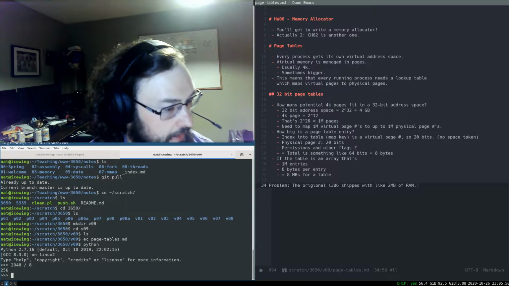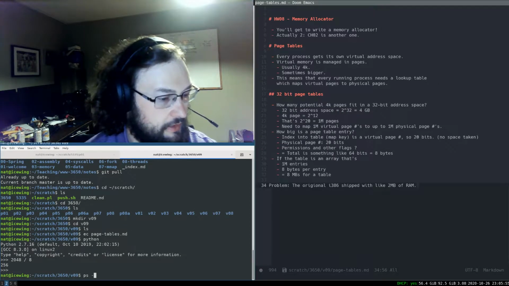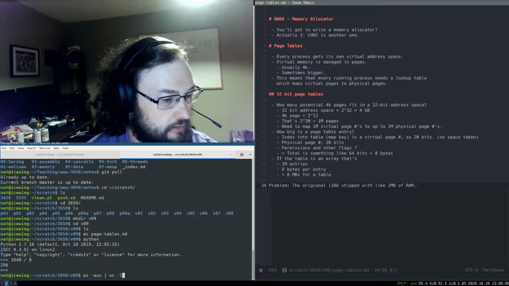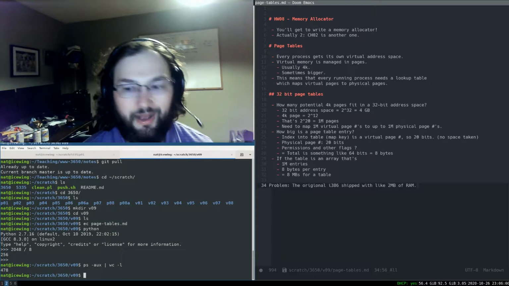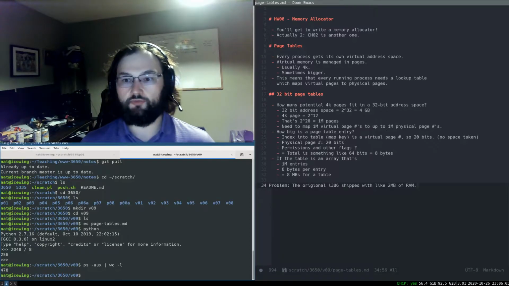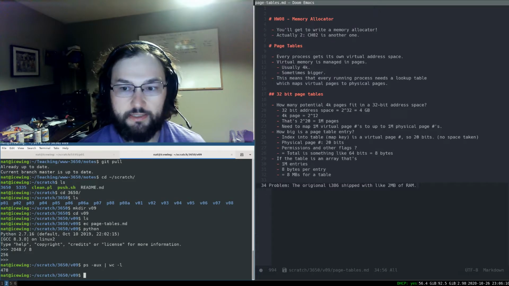And if we take a sort of random computer, ps aux, list all the processes on this particular computer, go ahead and count them up. I have 478 processes running on my desktop computer right now. Now, sure, OBS is a process.